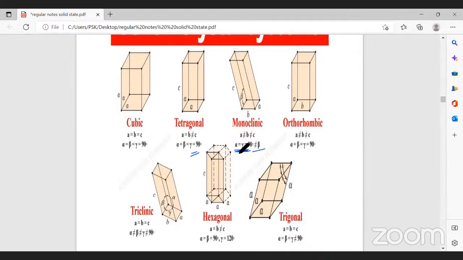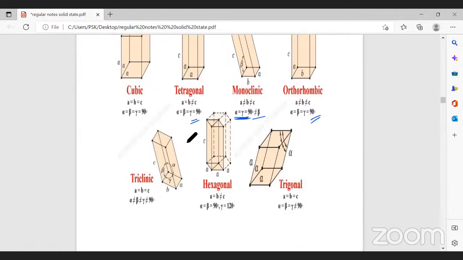The bond angle between X and Y axis is called beta. Remember that. So alpha and gamma is equal to 90, but beta is not equal to 90. The fourth one is orthorhombic crystal. a is not equal to b, b is not equal to c, but alpha is equal to beta, beta is equal to gamma, and all the 3 are equal to 90 degrees.